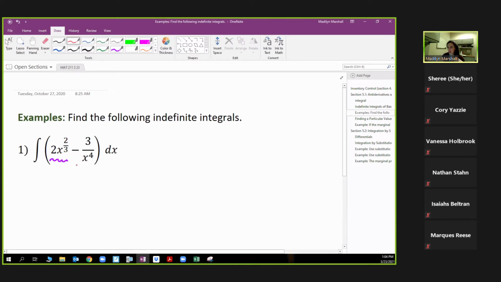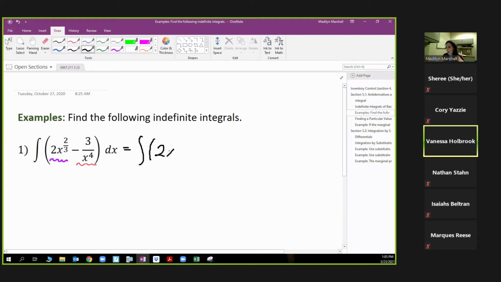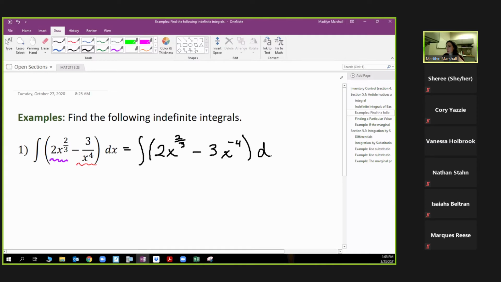The second one, though, needs to be rewritten so that that x to a power is being multiplied rather than divided. So 3x to the -4. Exactly. So that should be the first thing we do, is just to make sure everything is set up for our integration rules.